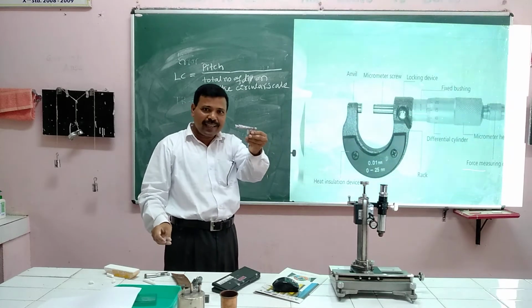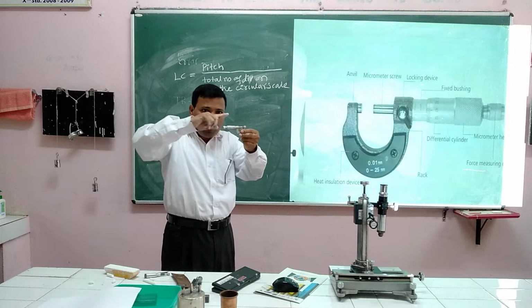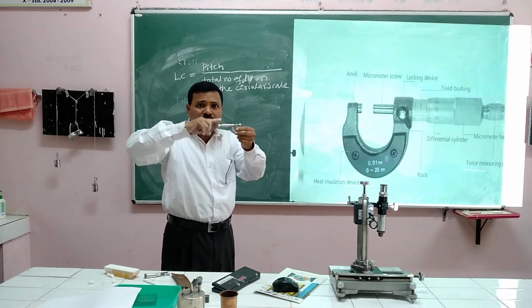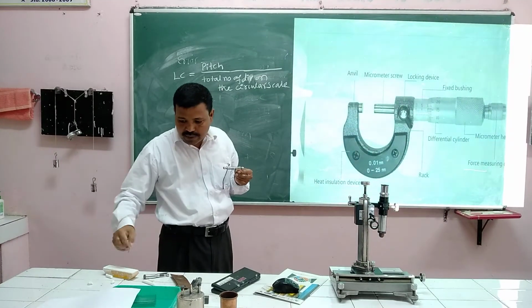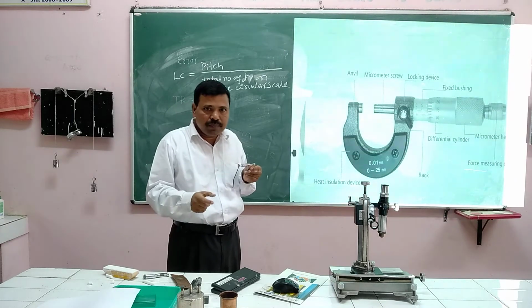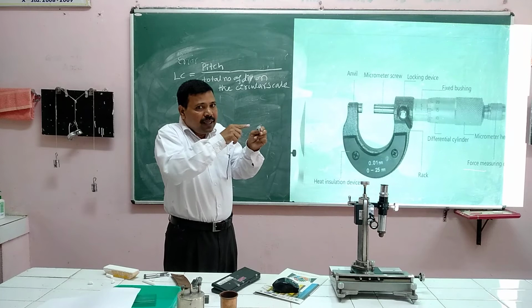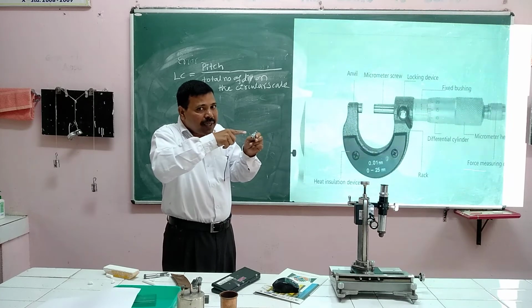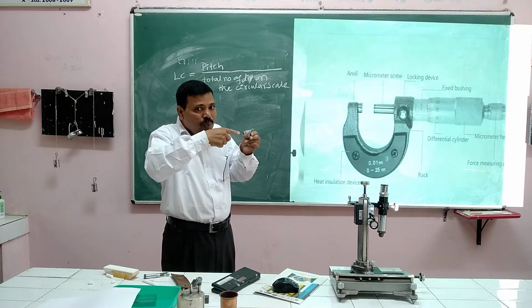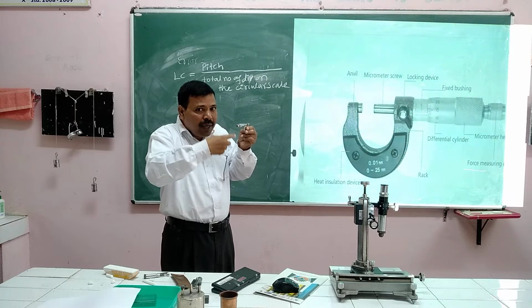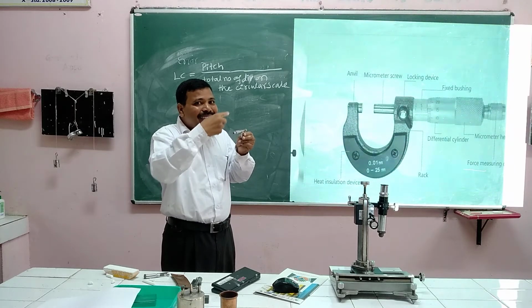First, let us take the micrometer which has 100 divisions on the circular scale. What is pitch? Pitch is the distance covered by the screw when one complete rotation is given.